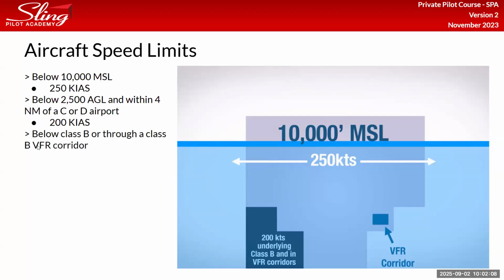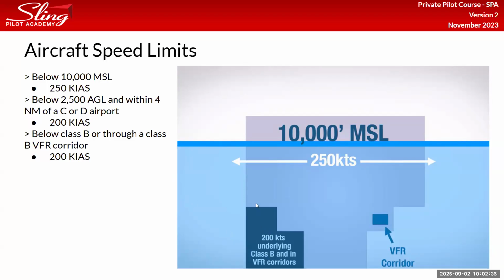Below a Class Bravo or through a Class Bravo VFR corridor, you also have to be at 200 knots indicated airspeed. So they have this little picture. This is just like the hole I showed you that goes through the Bravo that we can fly through with LAX special flight rules for the coastal route or any of those. We'll go over those. But if you're flying in the middle of the Class Bravo through the corridor, you have to be at 200 knots indicated airspeed.